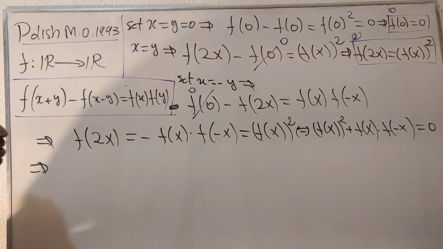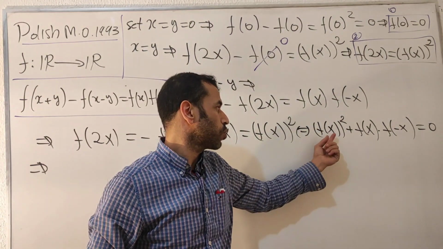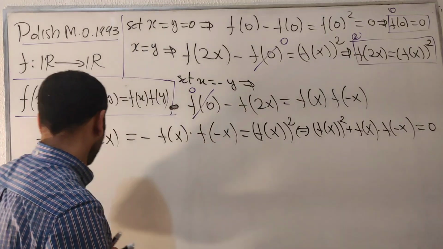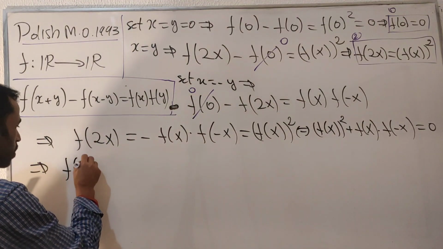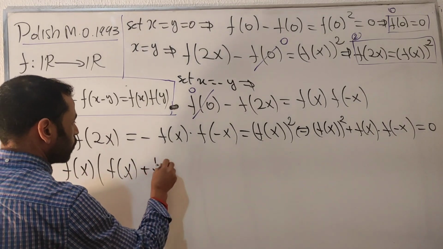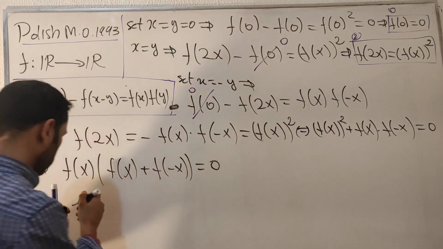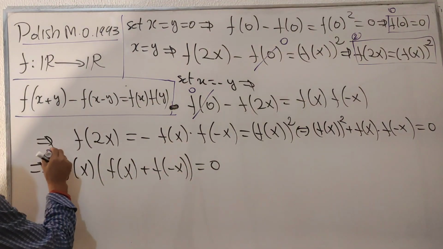Since we get f of x squared and also f of x here, I'm going to take f of x as a common factor. So I get f of x times f of x plus f of minus x, the whole thing equals 0. So I have ended with this nice expression.